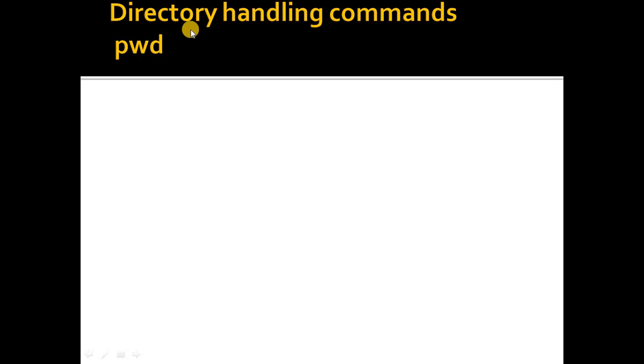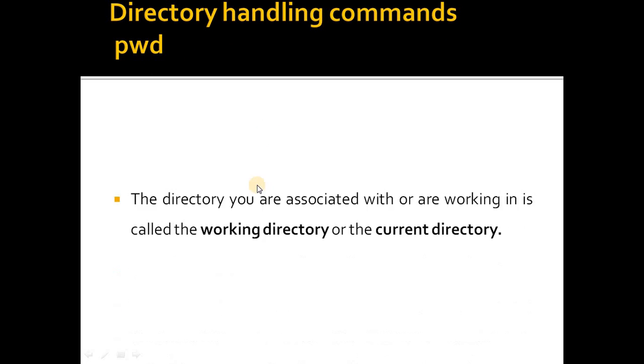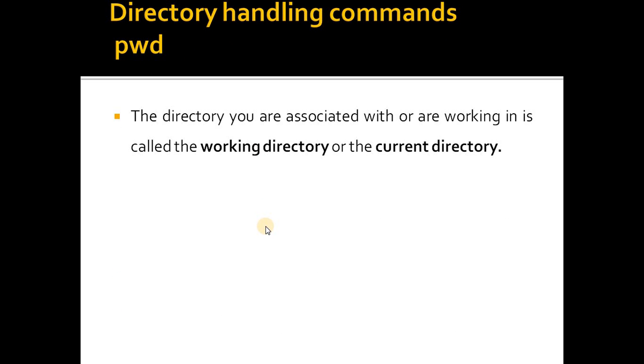Since we now know what a directory is, we will see how to handle directories by using the directory handling commands. The first command which we are going to see is the pwd command. The directory you are associated with or are working in is called a working directory or the current directory.